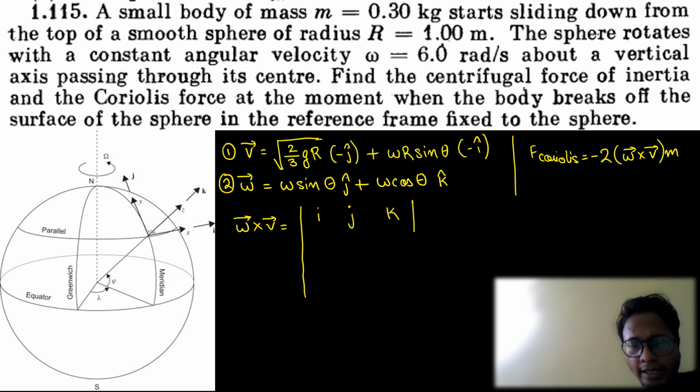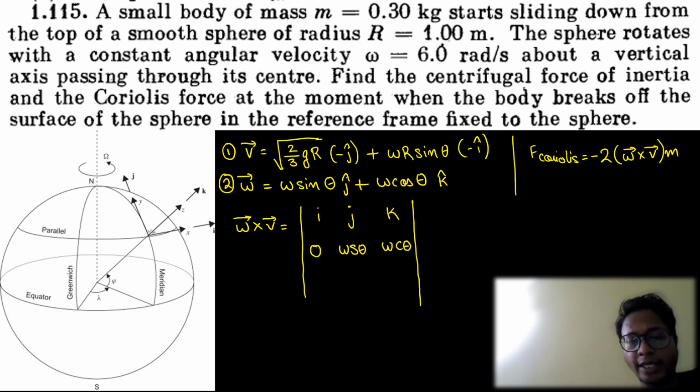The first row is of omega. Omega has no i value. The j value is omega sine theta. I'm writing sine theta as s theta. Plus omega cos theta as the k value.